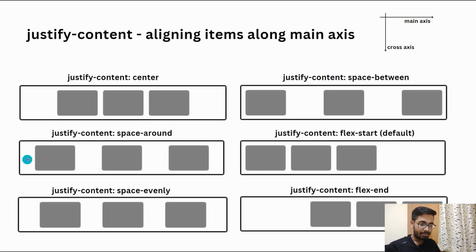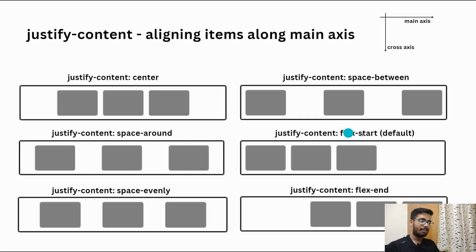So this space from here to here, these two spaces will be equal. What it means is that the space around a flex item will always be equal. This space is equal, this space and this space are also equal. So that is space around.